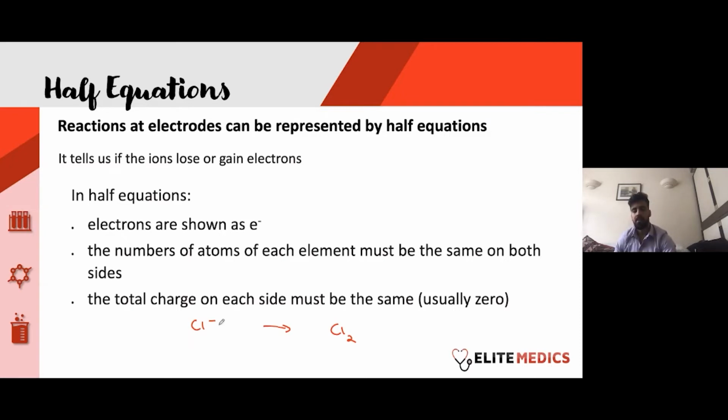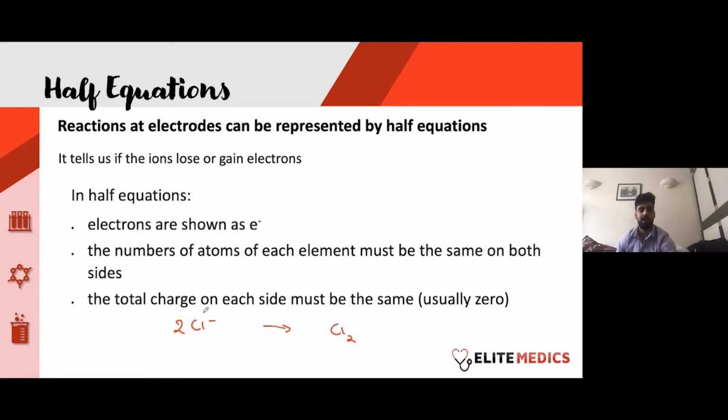Remember what I need to do. I need to just show what's happening. So chloride ions turn into chlorine. Now this isn't balanced at all because there's 2 chlorines here and only 1 here. So what do I need to do? I need to make sure the number of atoms of each element must be the same on both sides. So I'm going to double this, right? Now that I've done this, the number of atoms of each element are balanced.